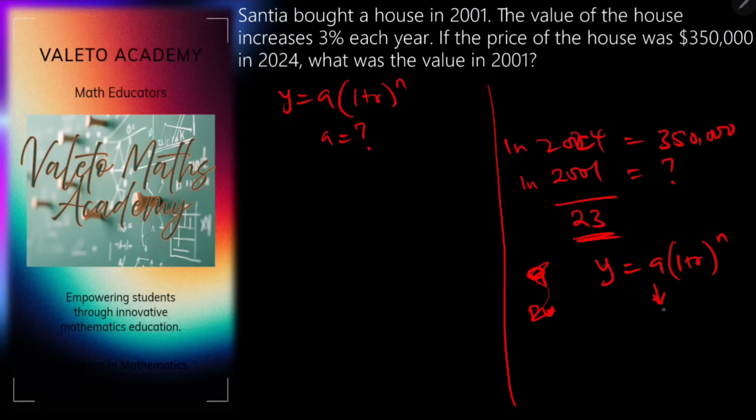So this a is usually the present value, and the y is the future value that we are looking for. But in this case, since we already know the future value, which is in 2024, this is now the present value. So we are looking for the past value now.